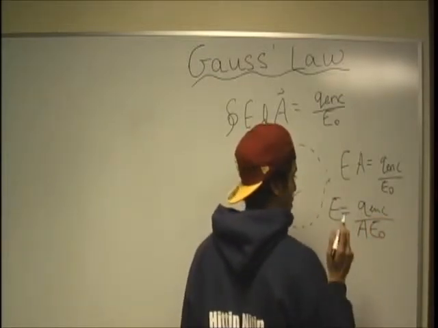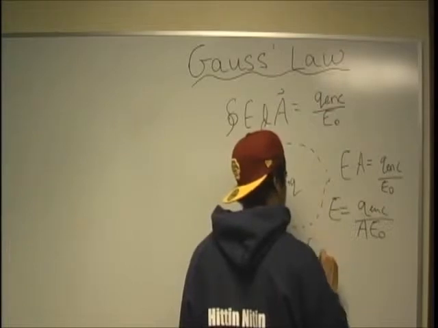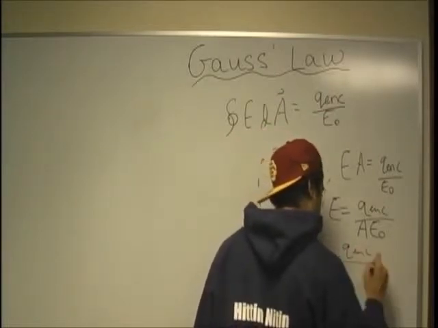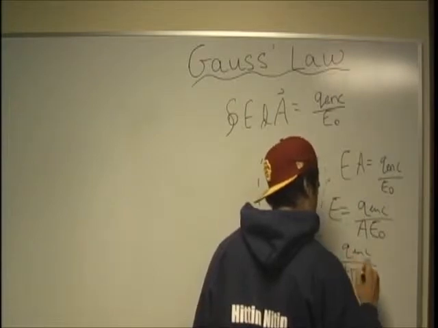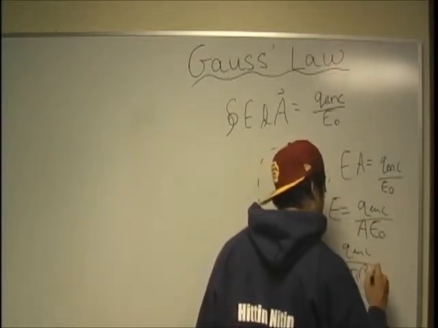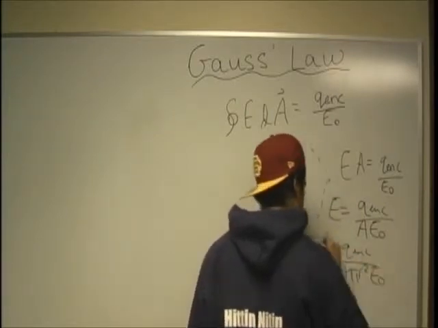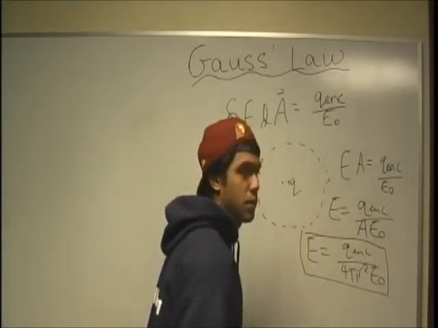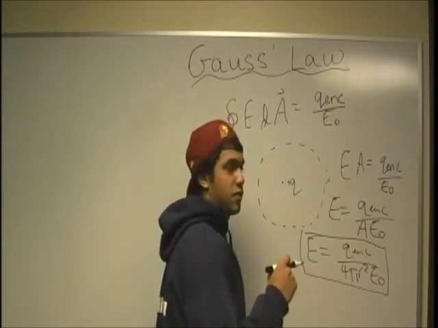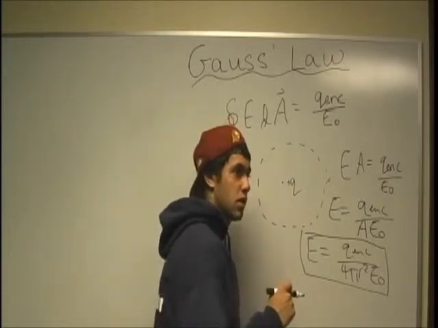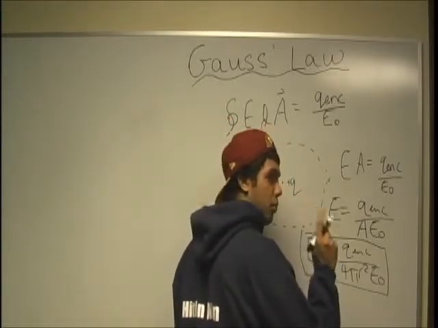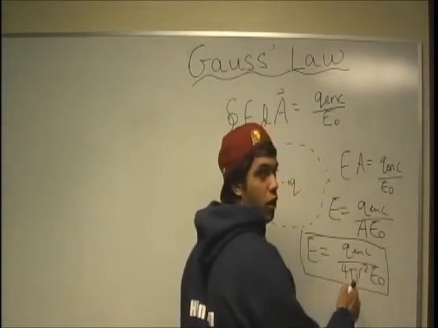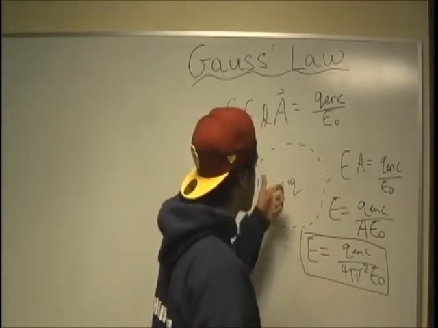Now plugging in the formula for the area, you get the formula. So this would be the formula for the electric field around a point charge at a point r, anywhere away from the point charge.